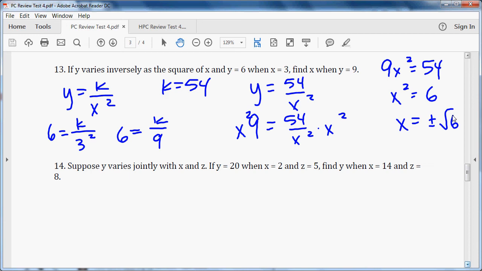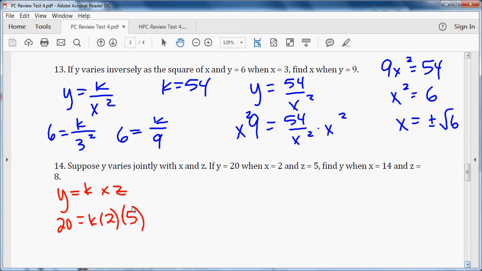Okay, CP number 14. This is also number 15 on the honors. Says suppose y varies jointly with x and z. Jointly means we multiply. So I'll do y equals k times x times z. Y equals 20 when x equals 2 and z equals 5.